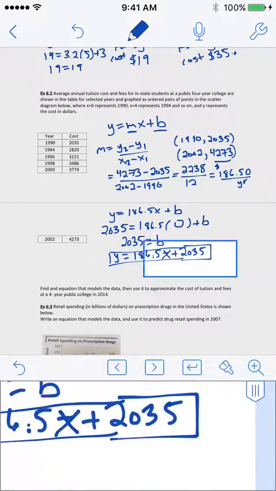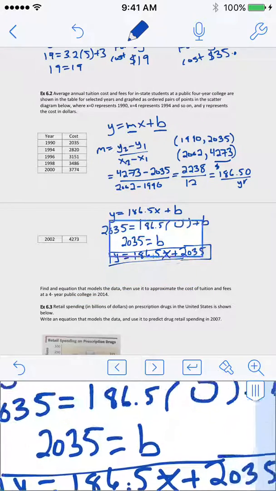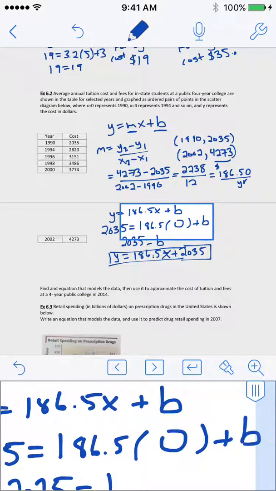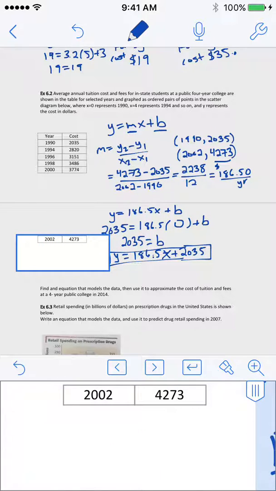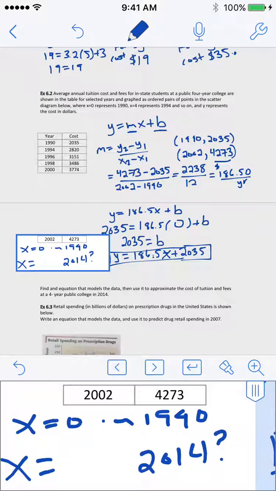Last thing we have to do is actually find the tuition in 2014. So x is how far away from 1990, so x equals 0 in 1990. What does x equal in 2014? That's the question. Does not equal 14. Equals 24, right? It's 24 years from the year 1990.